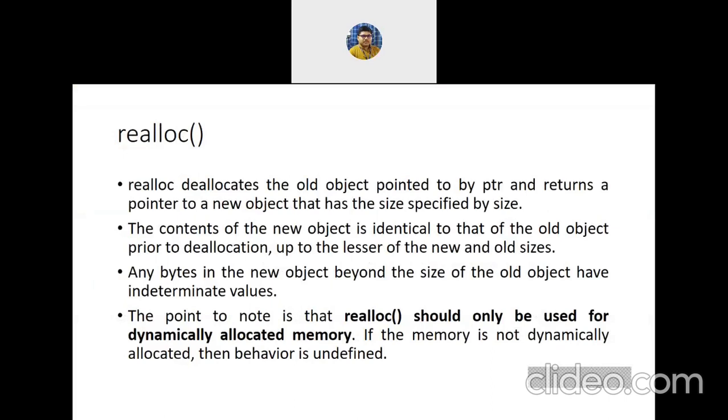Look, the first point says realloc deallocates the old object pointed to by ptr and returns a pointer to a new object that has the size specified by size. Second point, the contents of the new object are identical to those of the old object prior to deallocation, up to the lesser of the new and old sizes.